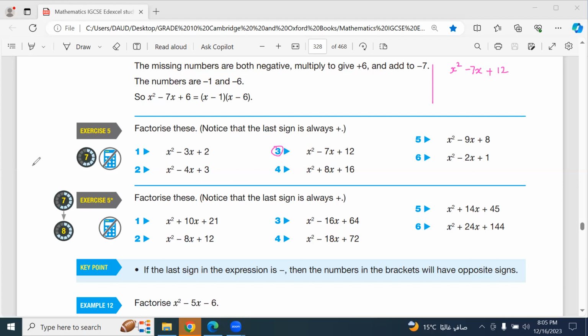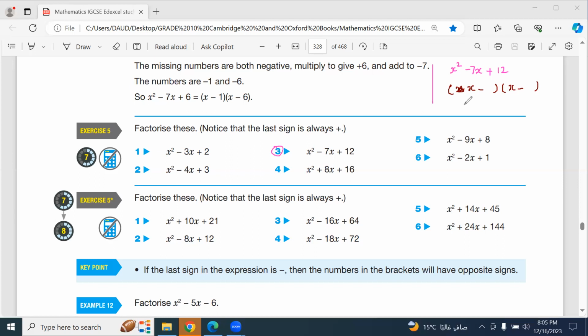So look again, as we know that the last term has plus sign, so we have x negative we don't know and x negative we don't know. We must have two numbers which we multiply to get 12, and if we add, to get negative 7.